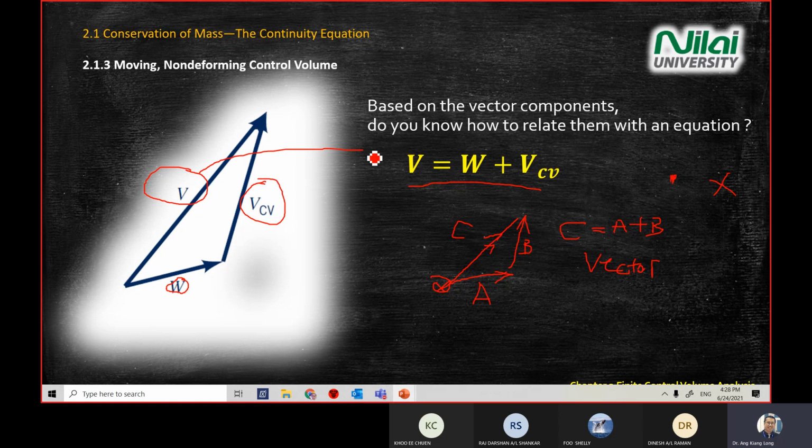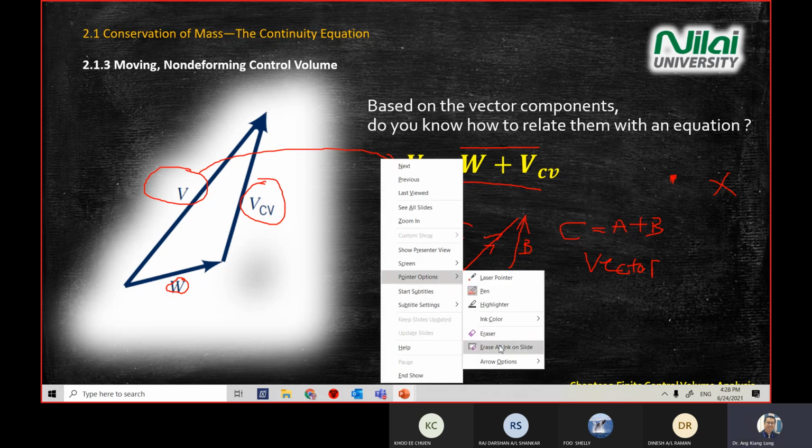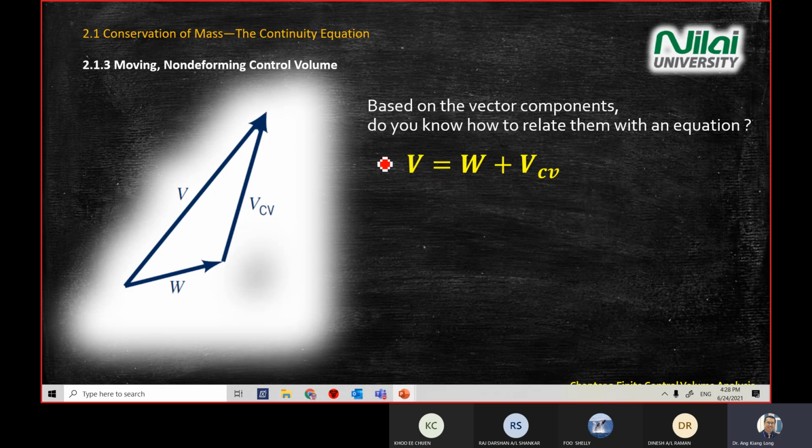The resultant is always on the left hand side, and the other vectors are on the right hand side. This is quite straightforward so far. There is nothing complicated, only the new terms that we learned today: V, CV, and W. Again, W is the relative velocity.